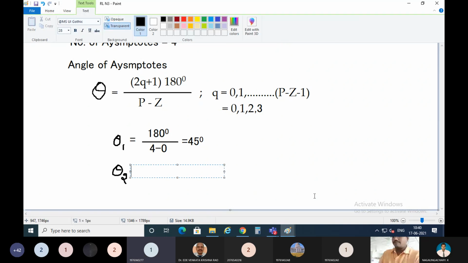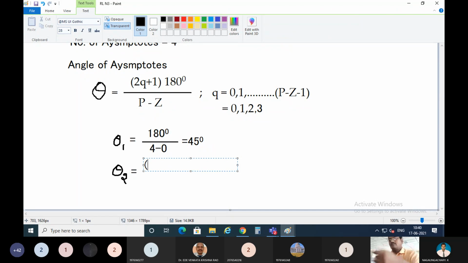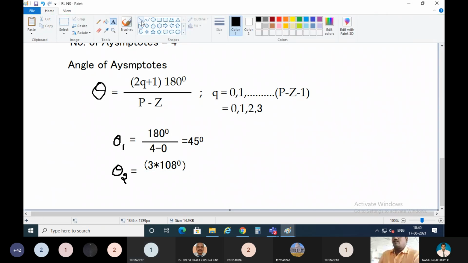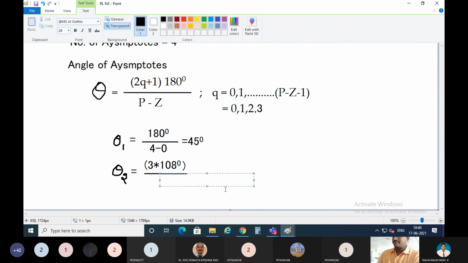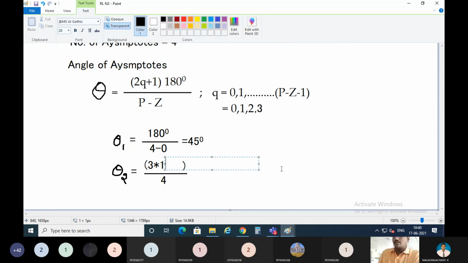So theta 2 equal to 2Q plus 1, 2 into 1 plus 1, so 3 into 180 degrees by 4.